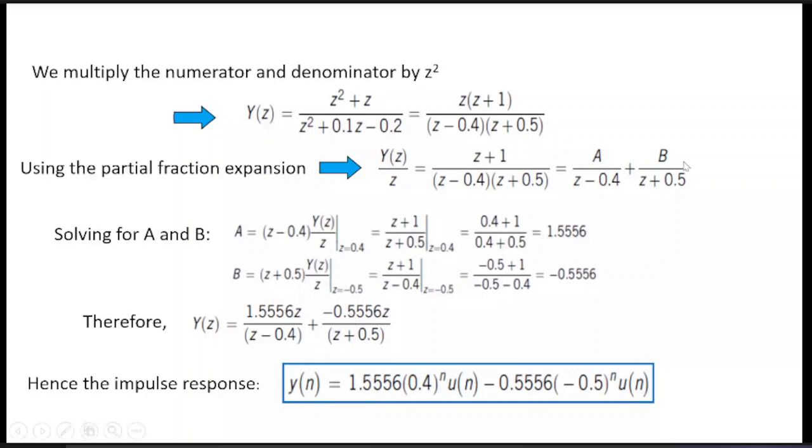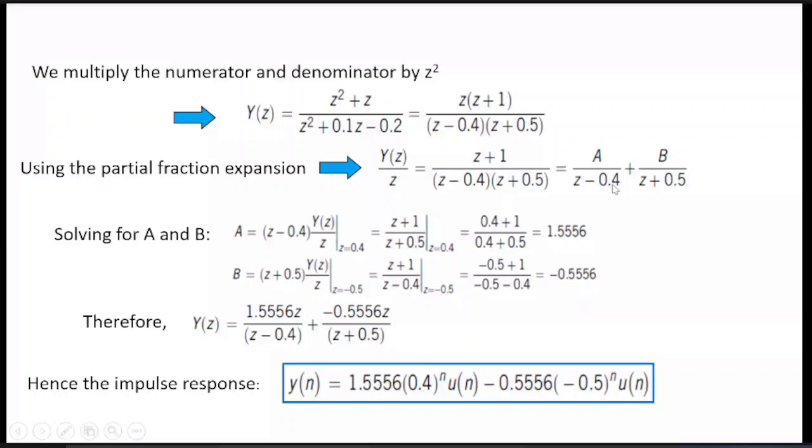Now this z by z minus a, this z comes from the left hand side and goes to the right hand side. So it is A into z by z minus 0.4 and B into z by z minus 0.4.